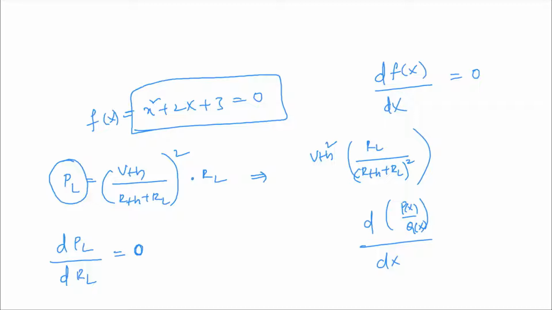Tell me the formula. Q of X into d by dx of P of X minus P of X into d by dx of Q of X, by Q of X whole square. Yes, very good. This is the basic differentiation.